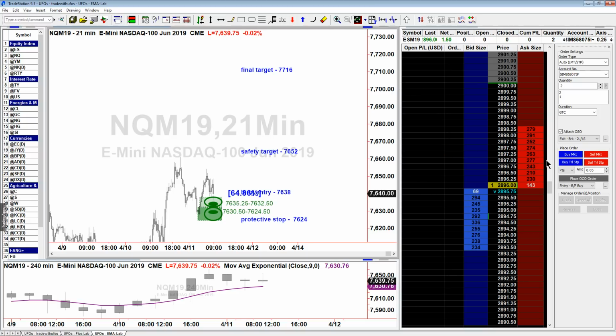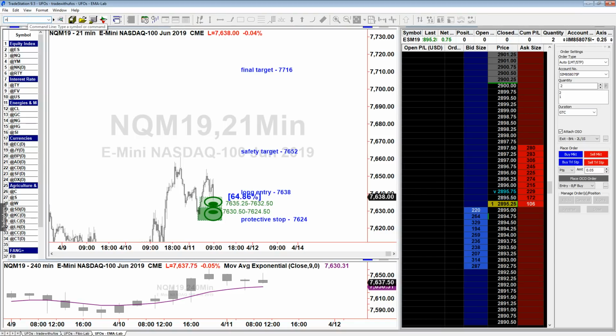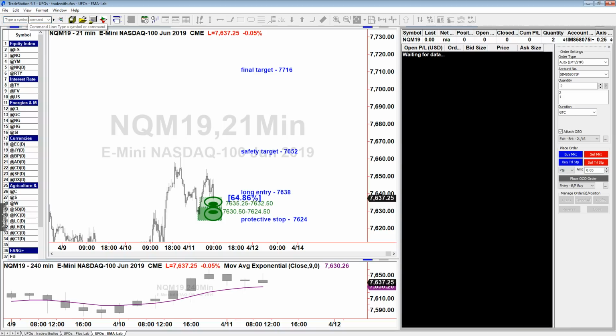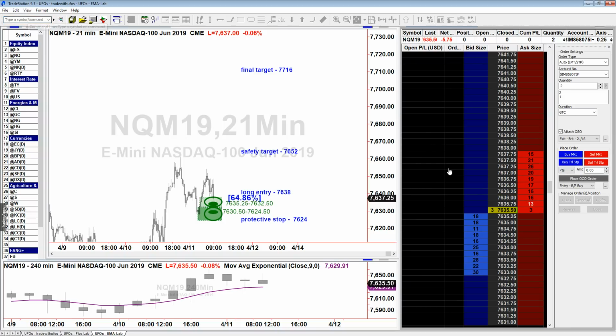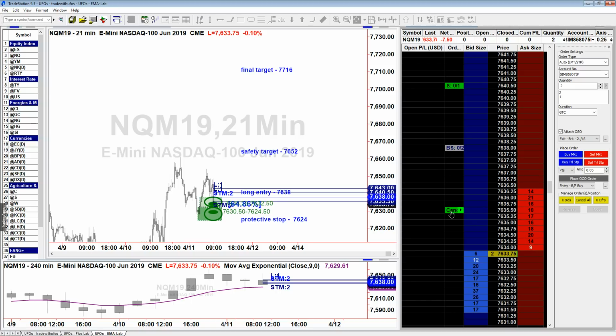Okay, so let me place the order first of all. So I'm going to change the symbol here to NQM19, and it's coming to us. So we're going for 38. 38 is right here. We're gonna get filled right away. So let's do that and move my stop.